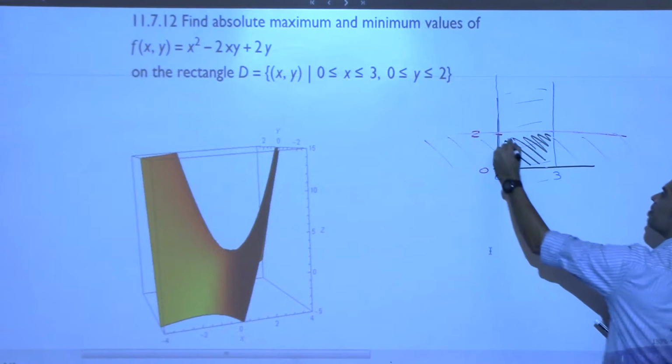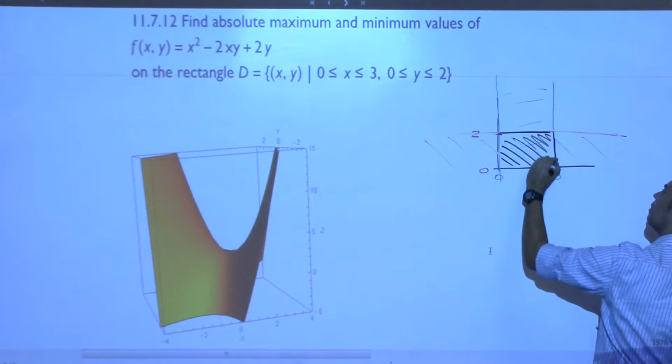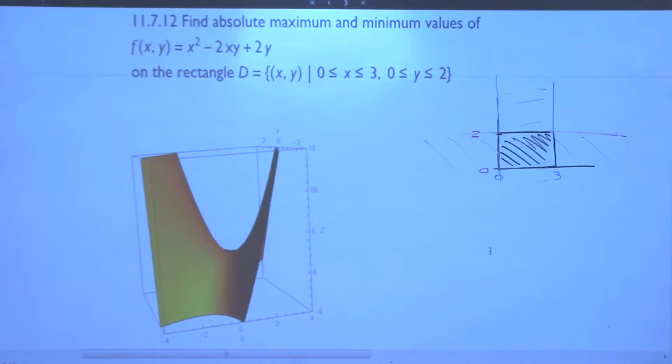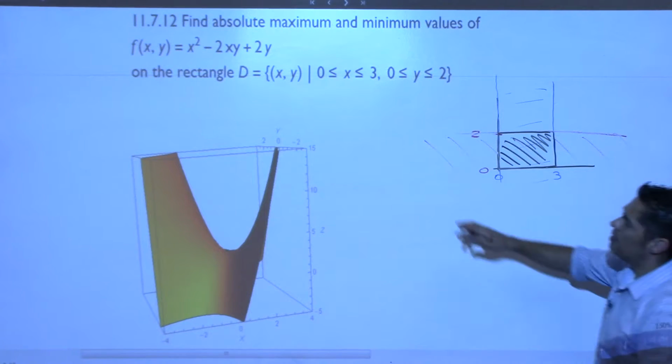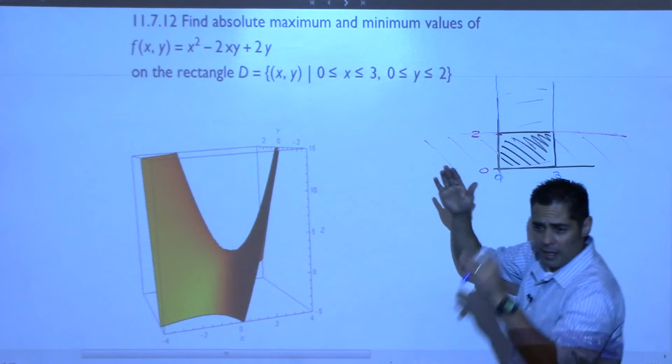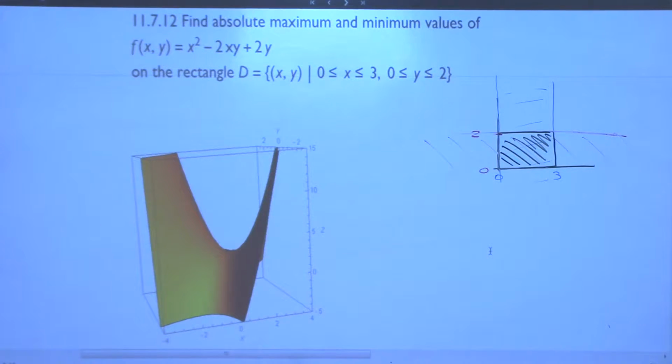So we're looking at this rectangular region. It's closed and bounded, right? As long as these inequalities included the equals, then it includes the boundaries. All right, there's our region.